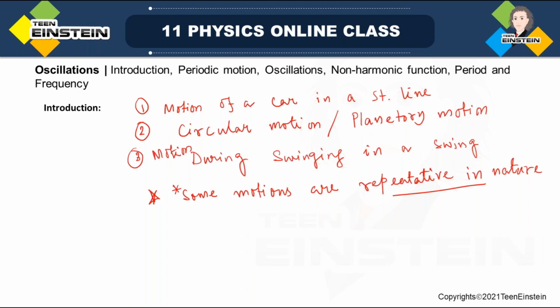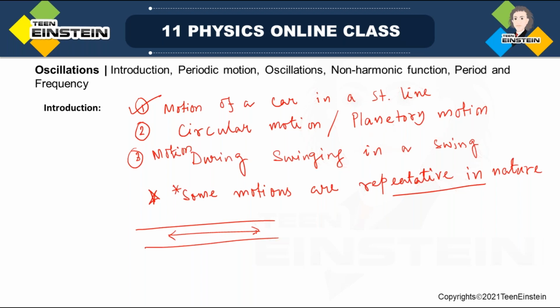Among these three examples, the motion in a straight line, if a car goes through a straight road, there is no possibility that it will go back and forth like that. There is no necessity also. It is the nature of motion in a straight line that it is one way, or it may come back, but at least it will not continue to go back and forth.